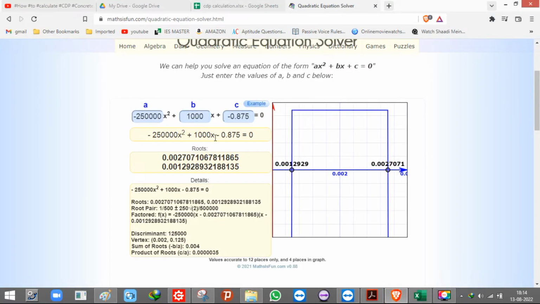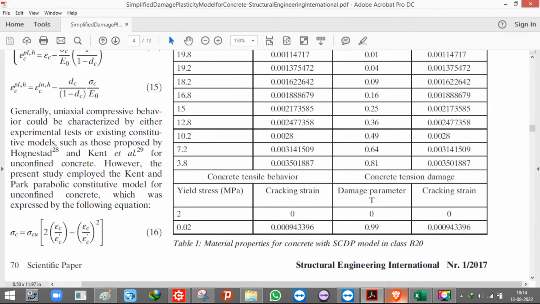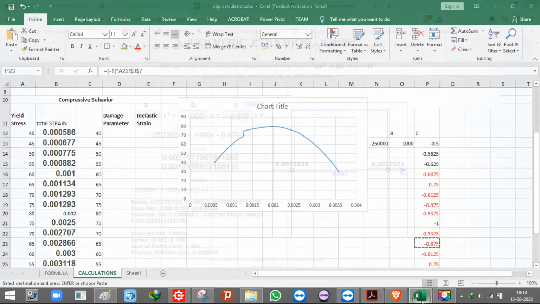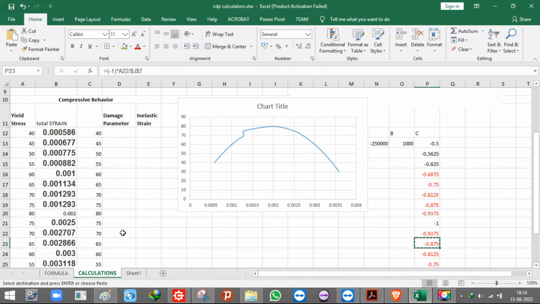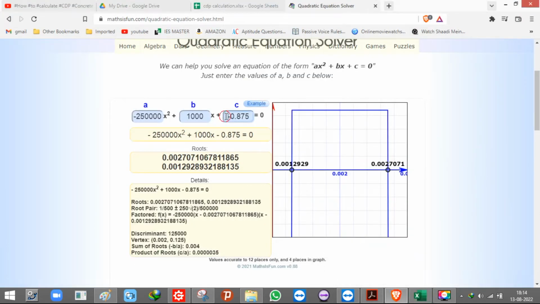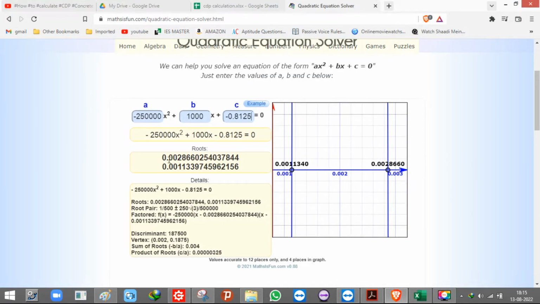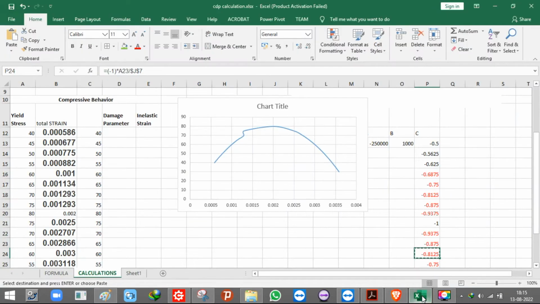Let me check once. 0.875, the data should be this one, 0.0027. Yeah, it's correct. And after that, this one, 0.00286, 65.